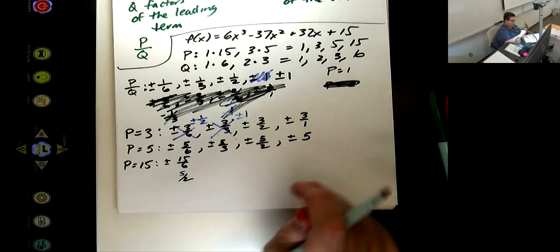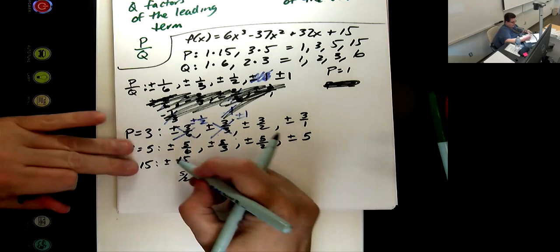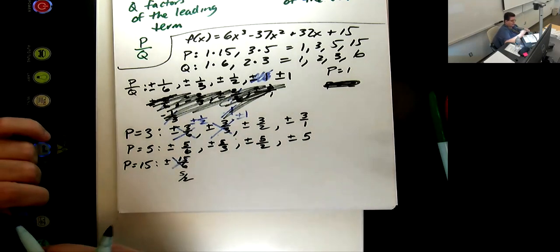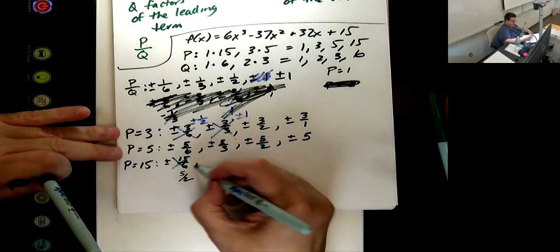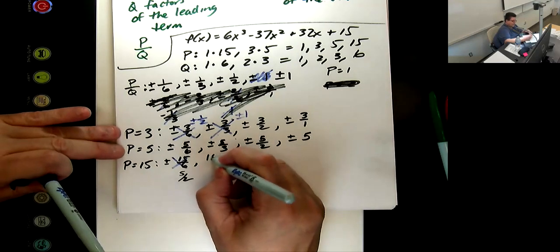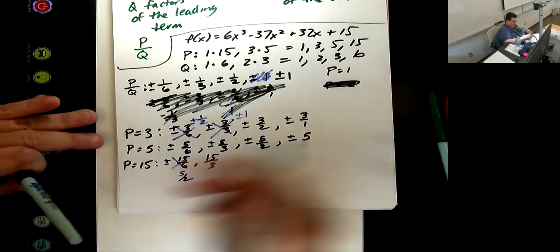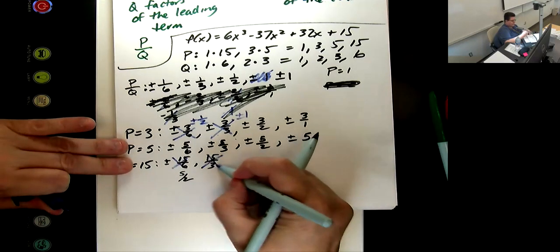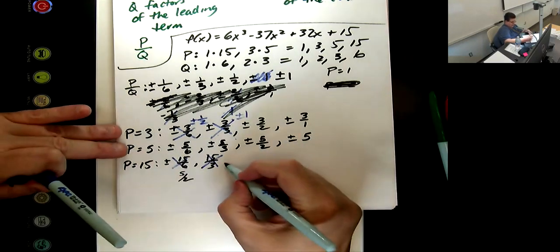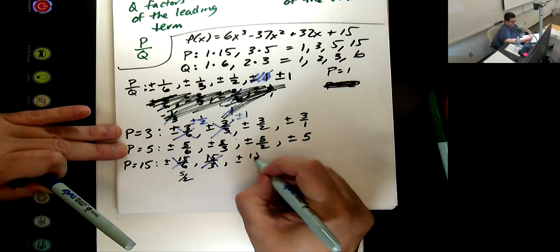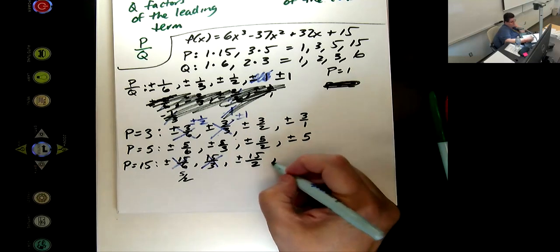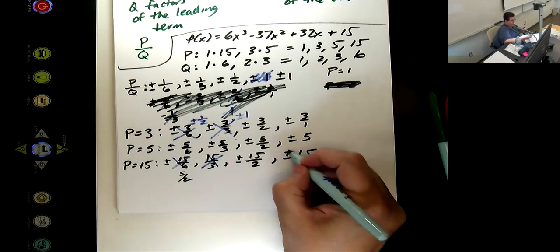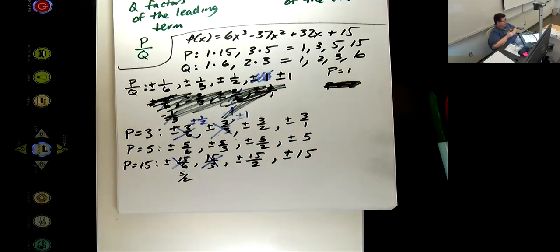So that's a duplicate. Then I got 15/3. But that's 5, that's a duplicate. I've got plus or minus 15/2, which is not a duplicate, or plus or minus 15. There's a lot of numbers here.